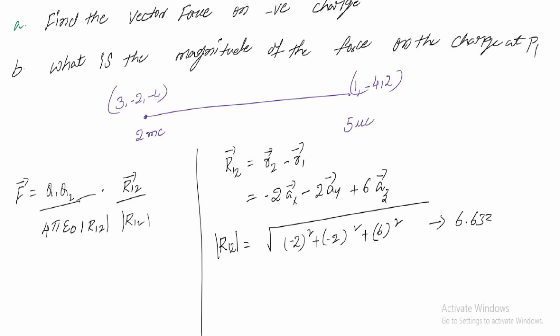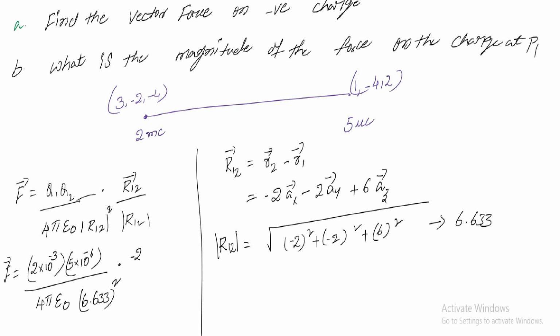Which is equal to 6.633. So from the definition, F is equal to Q, 2 into 10 power minus 3, 5 into 10 power minus 6, by 4 pi epsilon naught, mod R12, here we got 6.633 whole square, into minus 2 AX minus 2 AY plus 6 AZ by 6.633.